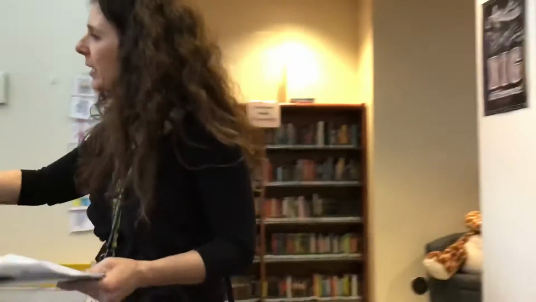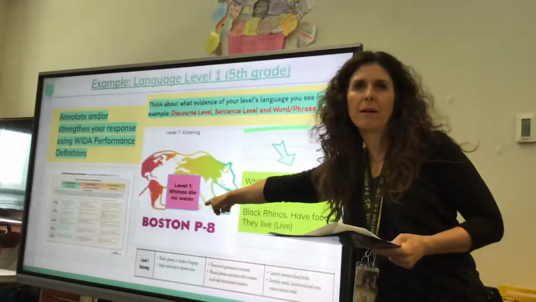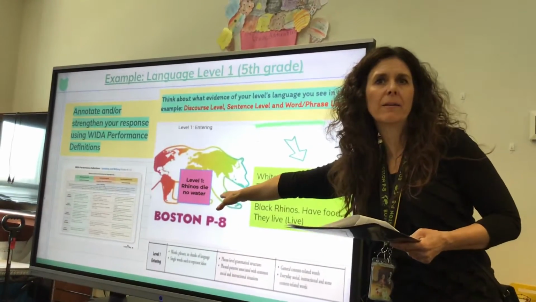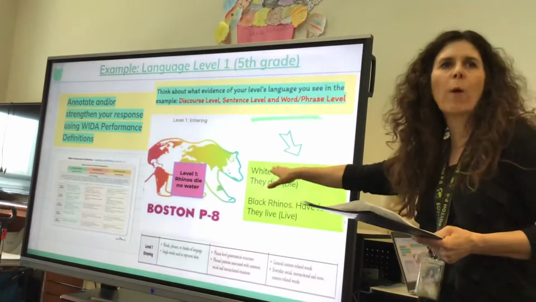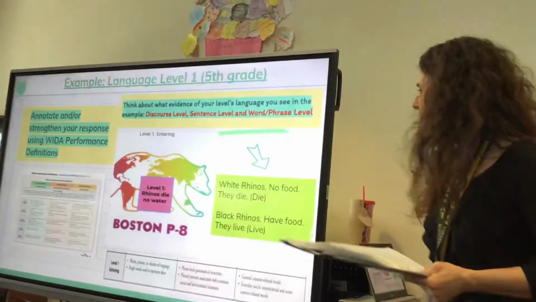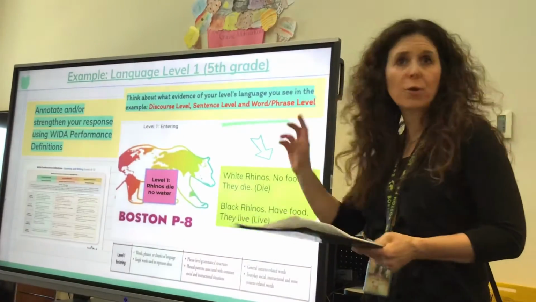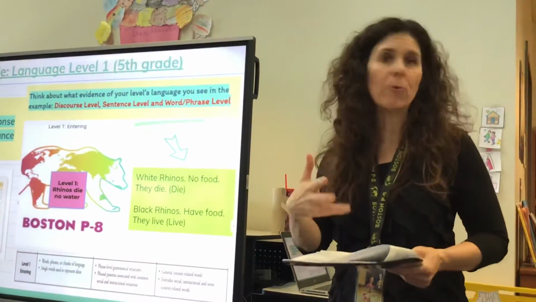So when I start to look at this, I realize that this didn't really have the function yet of comparing and contrasting. So I'm going to push that and make a change, where I'm going to compare white rhinos and black rhinos. I'm going to say no food or have food. Those are short phrases, but it still communicates the idea of that food and drought.